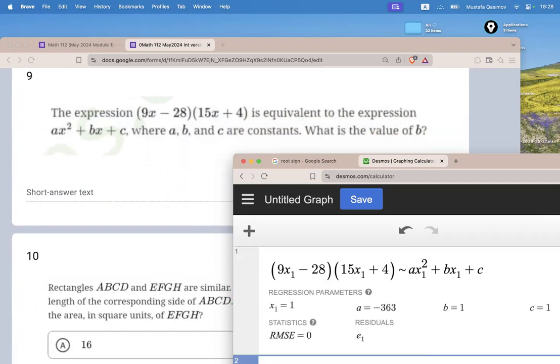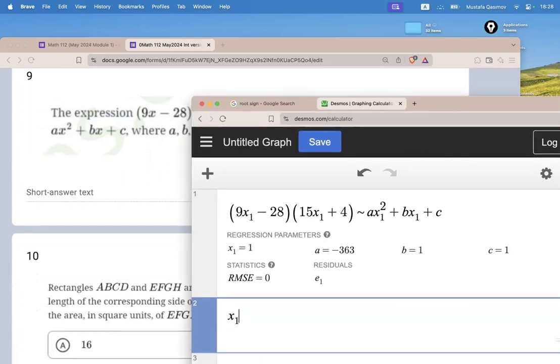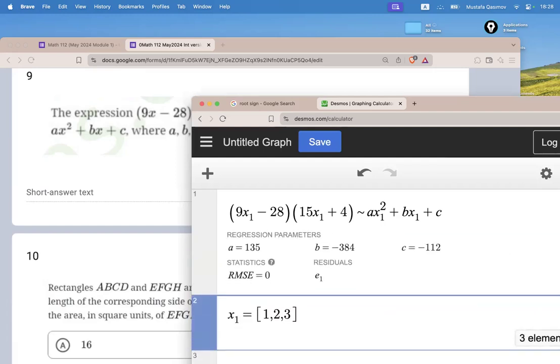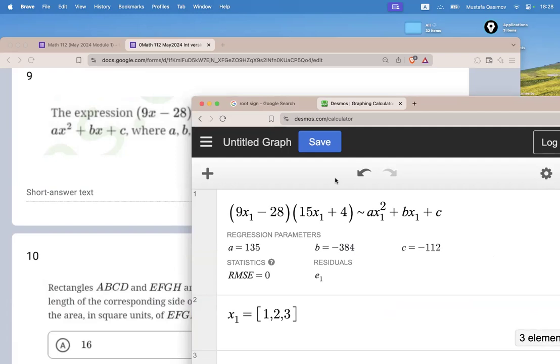Then let's say that x1 is equal to, it is not correct. You have to also write x1 is equal to 1, 2, 3. So then b is equal to negative 384.